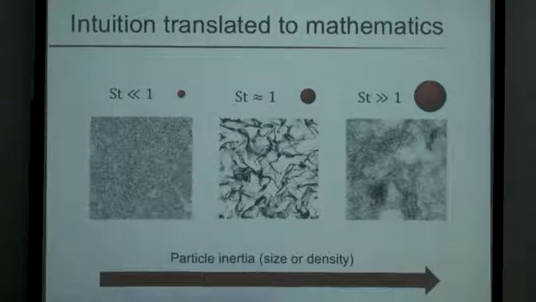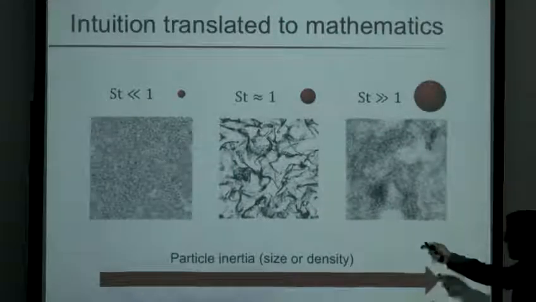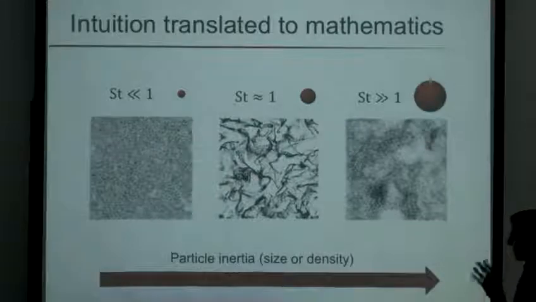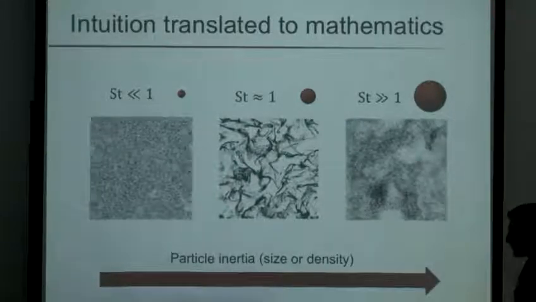The same homogeneous distribution is also observed when the particles are much larger. Their inertia is much higher, so they don't per se listen to the background flow. They just follow their own trajectory. What we do observe is a strong clustering regime when the Stokes number is order 1.